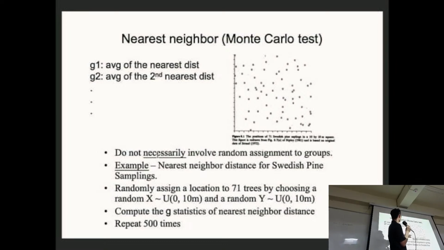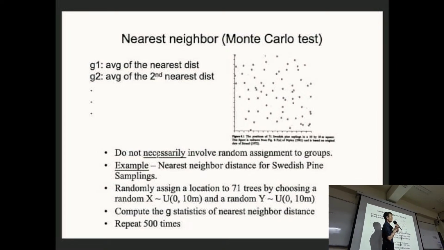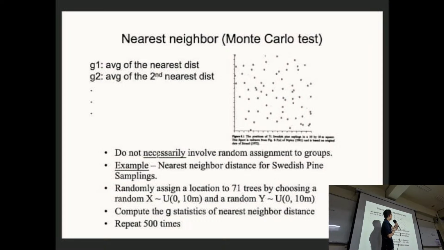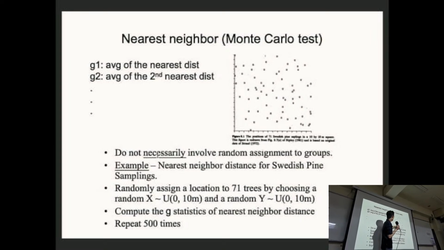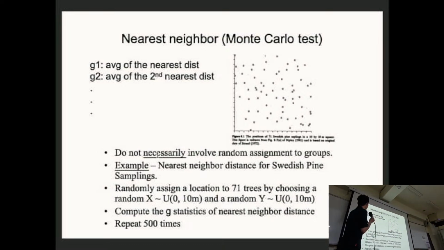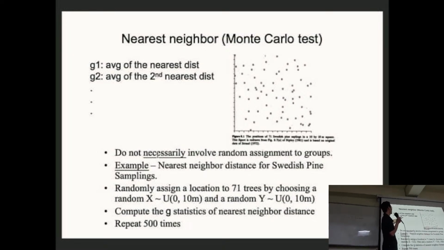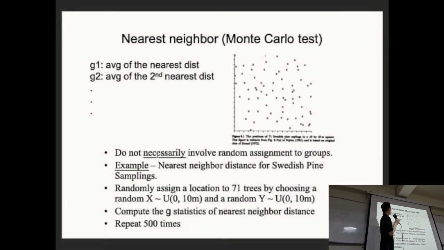For each individual target tree, I can calculate the distance to the nearest neighbor. So this one is here, this one here, and this one here. And then I take an average. Of course, I can then calculate G2, the average of the second nearest, and then the third nearest, and so on and so forth.